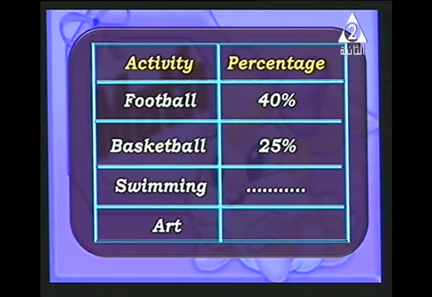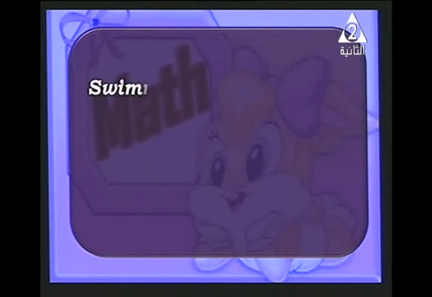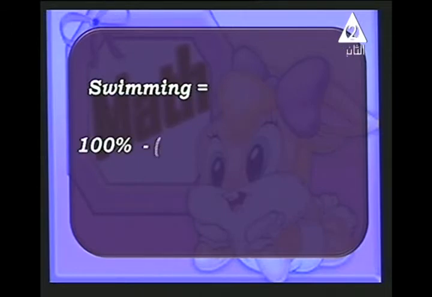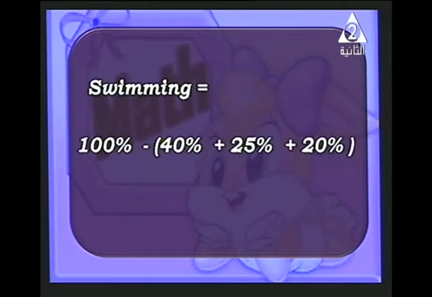And art, 20%. We want first to complete this table. So swimming equals, the total is going to be 100. So it is 100% minus 40% plus 25% plus 20% to obtain a result of 15%. So the swimming is going to be 15%.